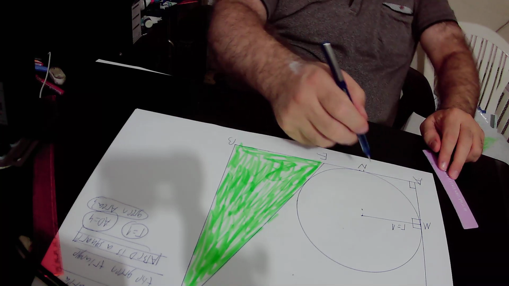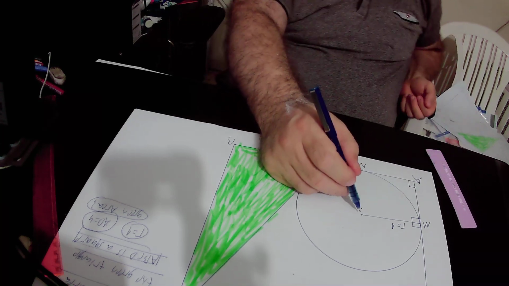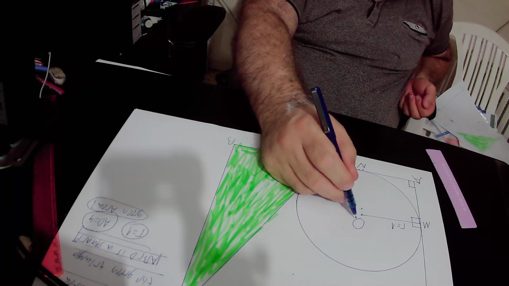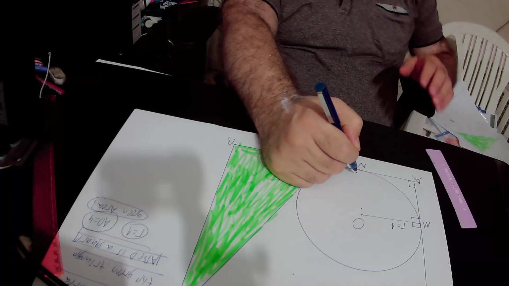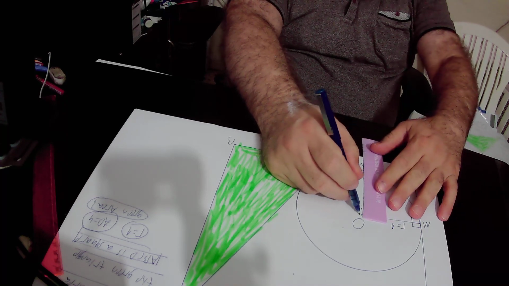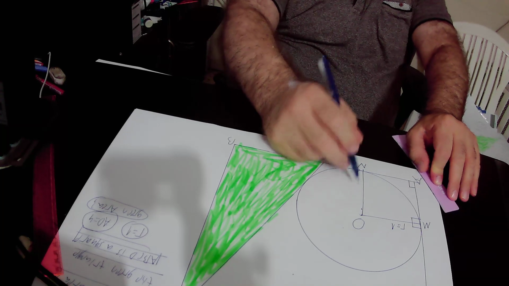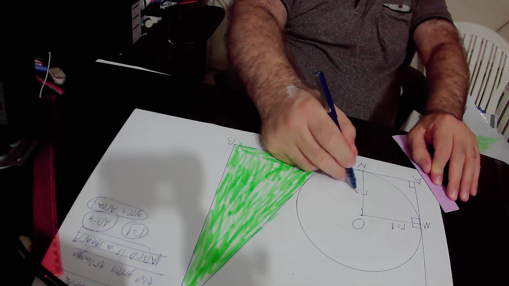And then we will define the center of this circle as point O. We will join points O and N together by a straight line. ON is the radius of this circle, that is to say it equals 1 unit.